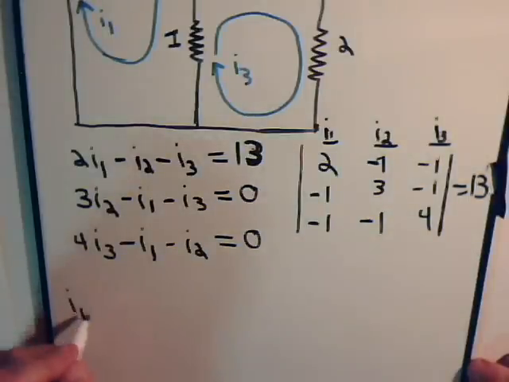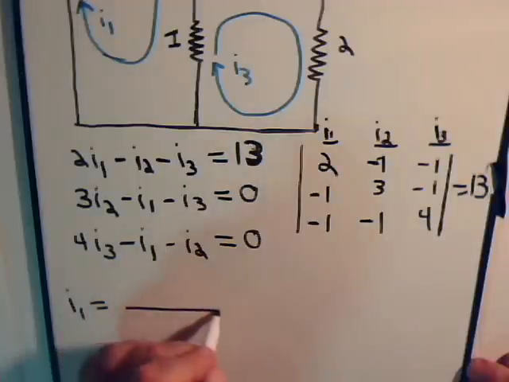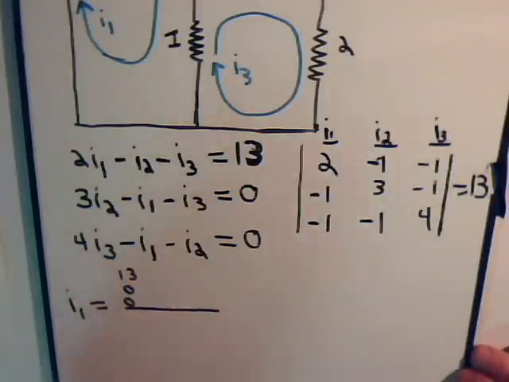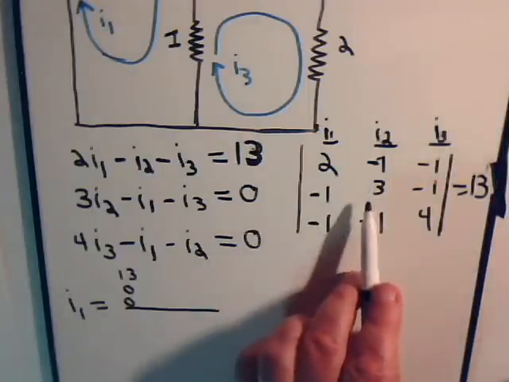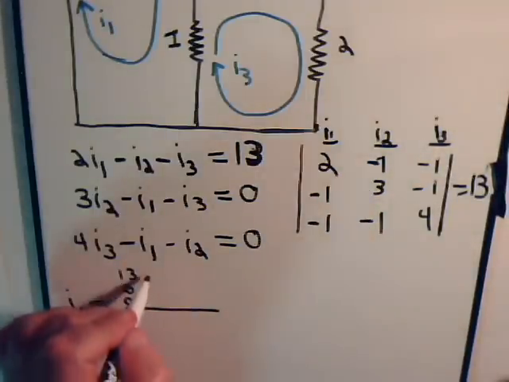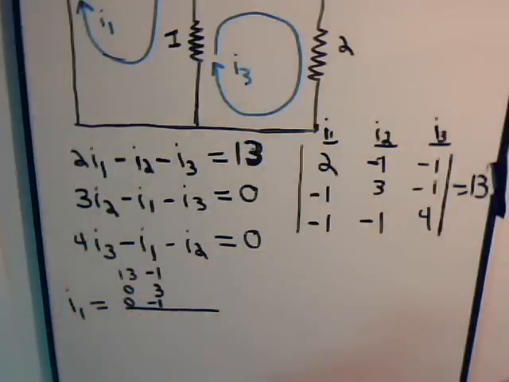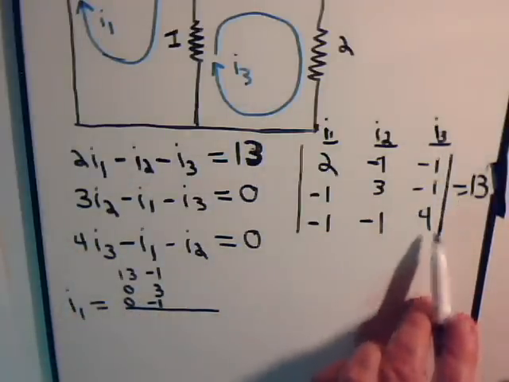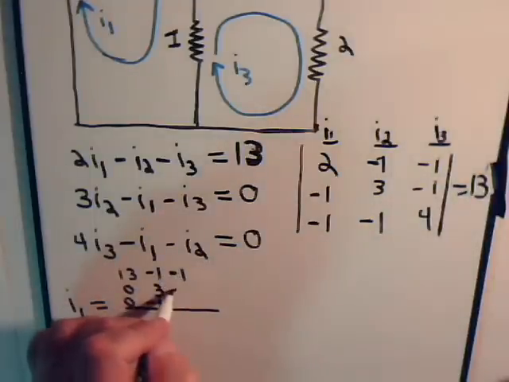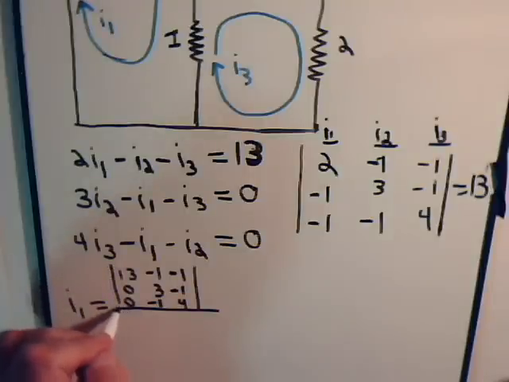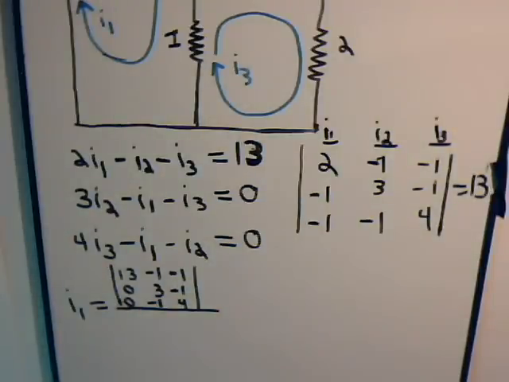So I1 will be equal to this determinant, 1300, -1, 3, -1. And here, -1, -1, 4. I1 is equal to the value of this determinant divided by 13.